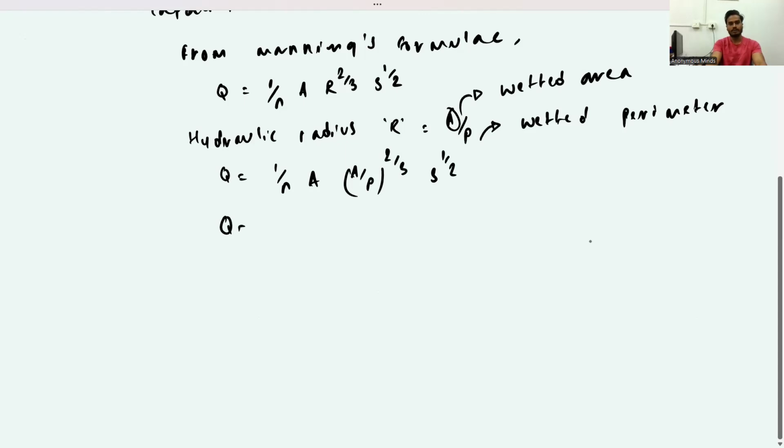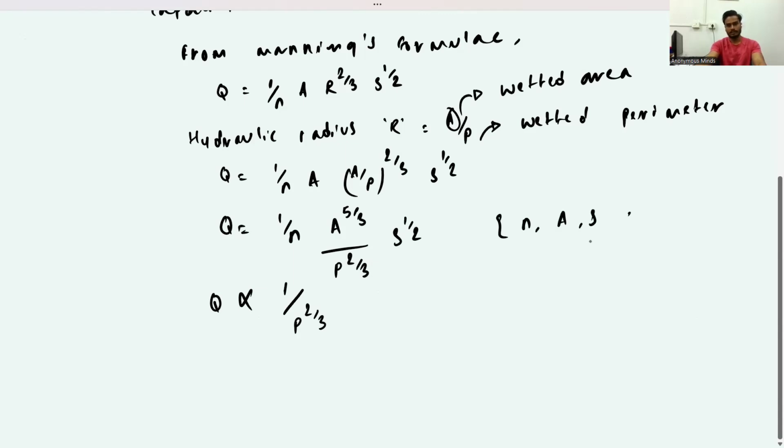So Q is equal to 1 upon n A to the power of 5 by 3 upon P to the power of 2 by 3 S to the power of 1 by 2. So I can write Q is directly proportional to 1 upon P to the power of 2 by 3, because all n, A and S are constants.